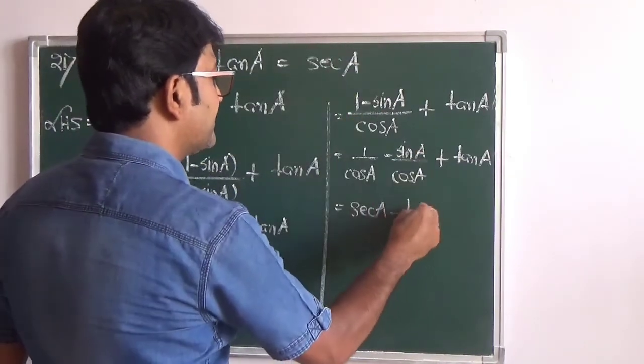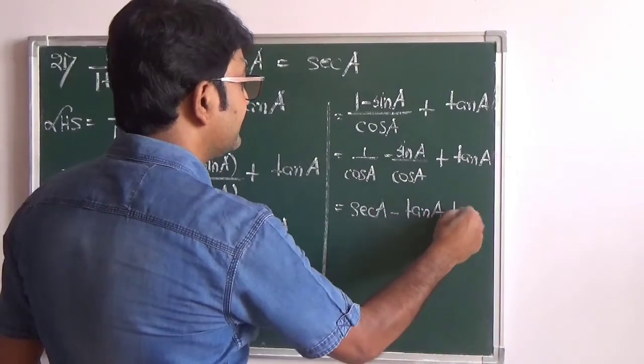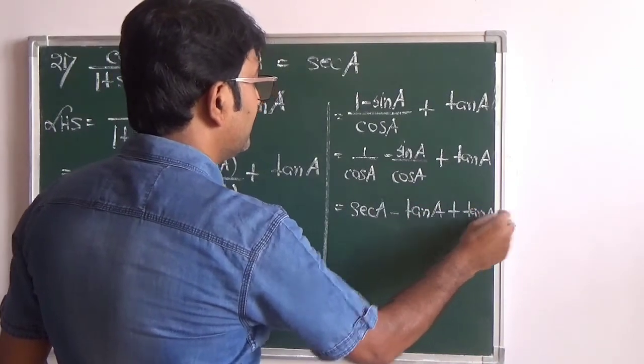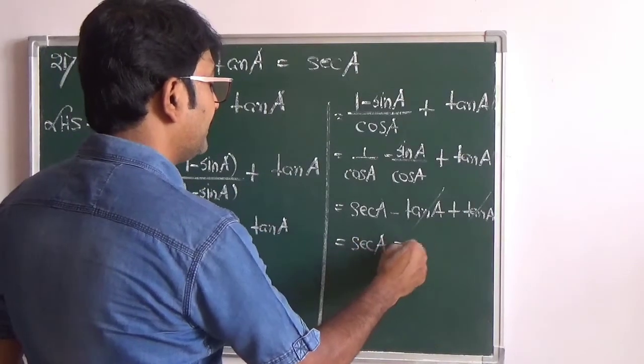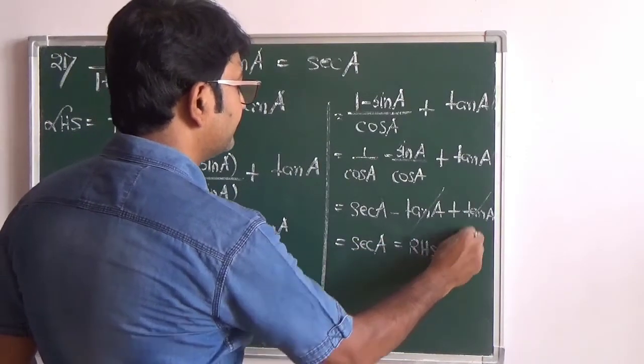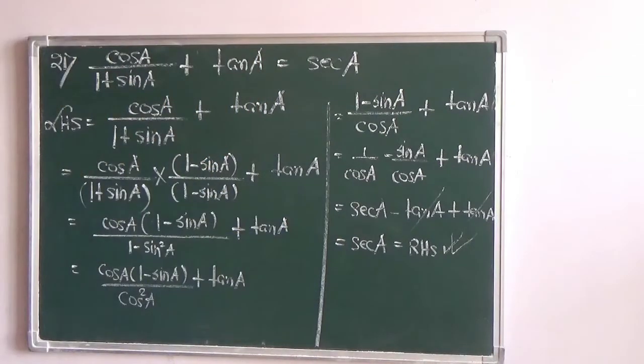This is minus tan A and this is plus tan A. So these two will be eliminated and we are left with sec of A, which is the value on the right hand side. So this is question number 21.